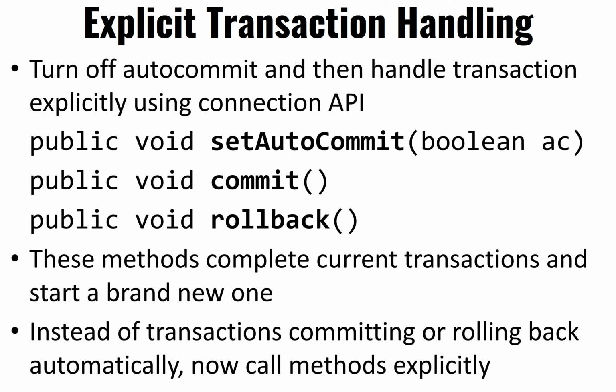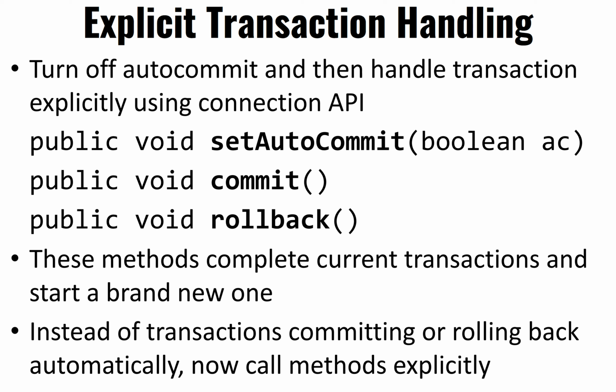So to handle this in a more granular way, you can use the setAutoCommit function to, for instance, turn off autocommit. We can turn it on and off. By default, it's set to on, so it is autocommitting. If you turn that off, that means that the first time you start a command, an update, or an insert, it will automatically start a transaction.